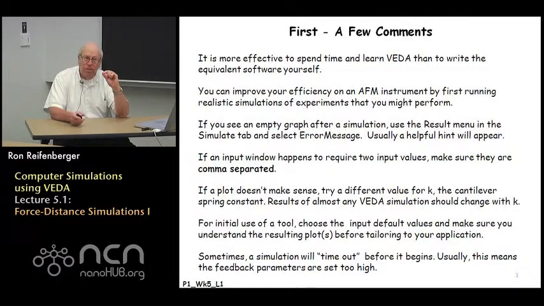Some of the inputs to VEDA often require 2 values. When you enter in those 2 values, you have to make sure that the 2 values are comma separated. If they're not, you're going to run into trouble. This probably doesn't apply too much for the simulations we're going to run, but if you start to do dynamic AFM simulations, this becomes an issue, but I just mentioned it up front.